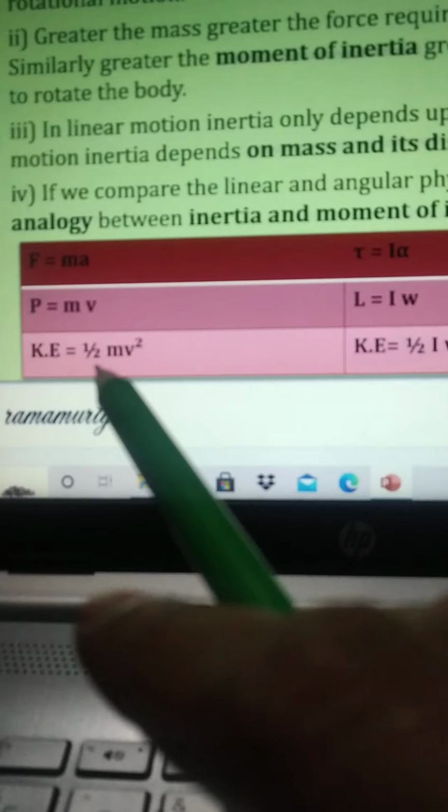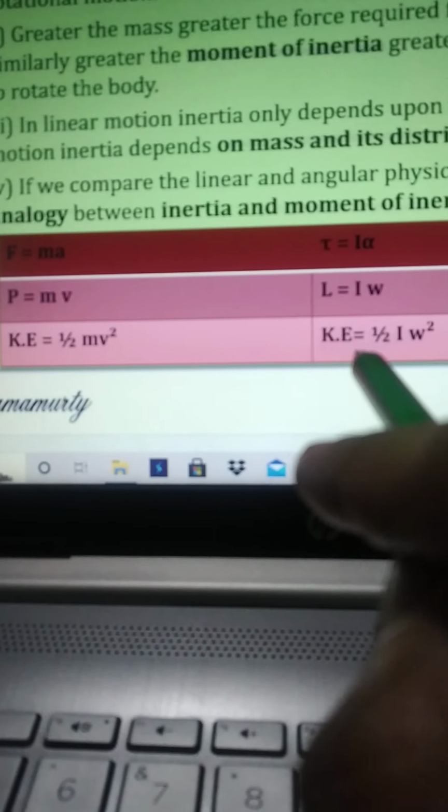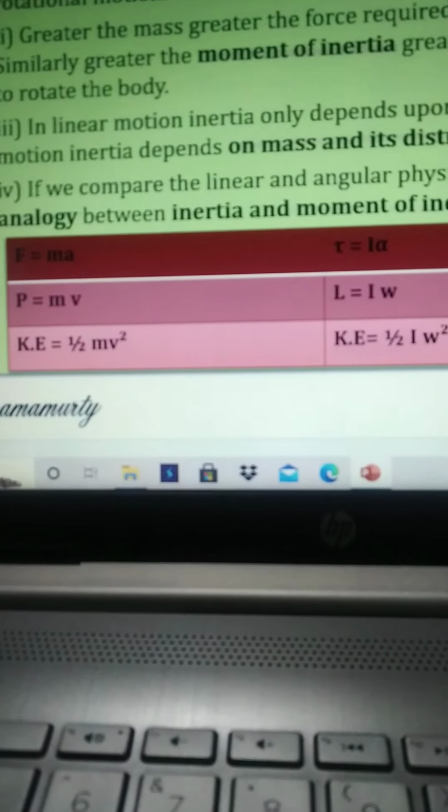Then kinetic energy is half mv square, and here rotational kinetic energy is half I omega square.